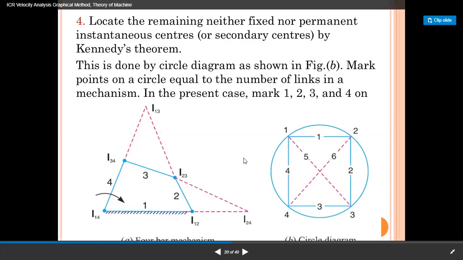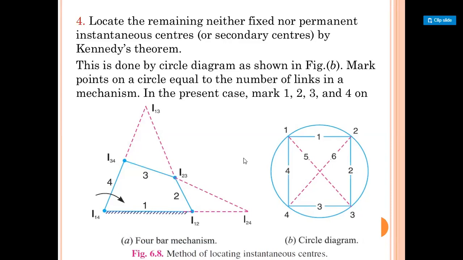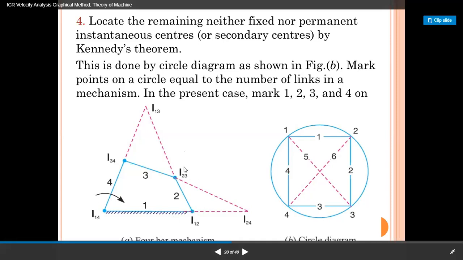How can you decide how many points to take on the circle? There is a rule: the number of links in the mechanism is the total number of points on the circle.